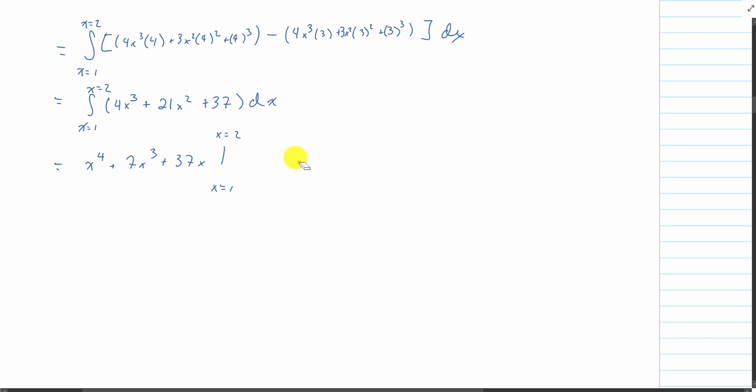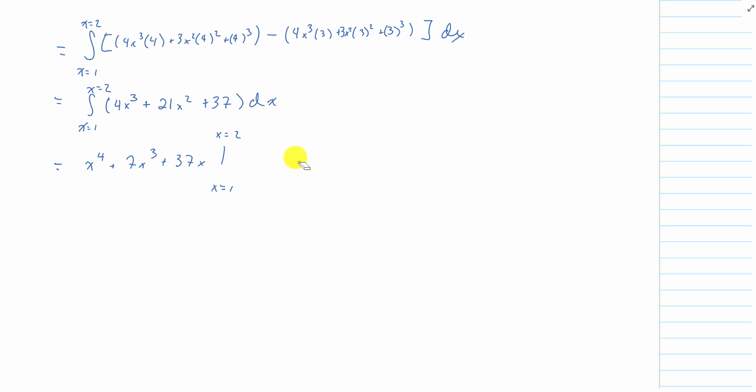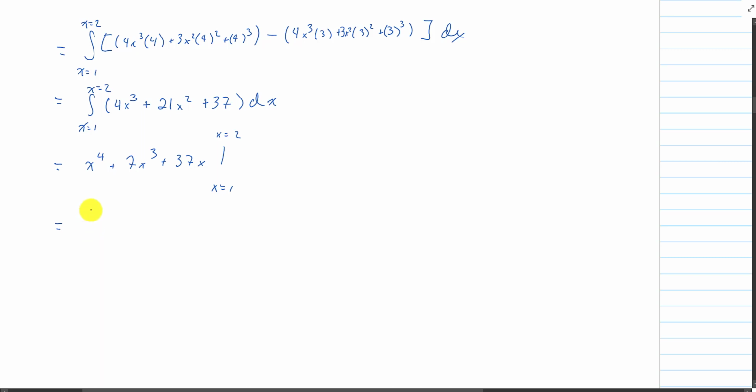I would encourage you for a little while to start putting them back in again. So just finishing this out, this gives us 2 to the 4th plus 7 times 2 cubed plus 37 times 2. And we're going to subtract from that 1 to the 4th plus 7 times 1 squared plus 37 times 1. And when I clean all that up, you should get a value of 101.